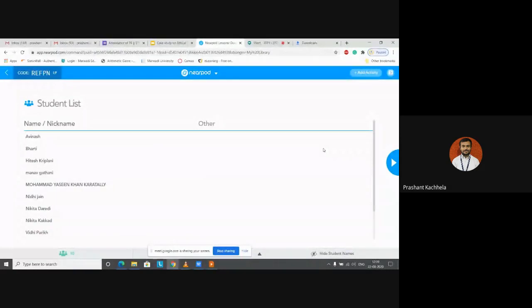So far, as I can see, 10 members are there. Others are joining, so we'll wait for them and then we'll begin. Yes, join quickly so that we can go for the activity.